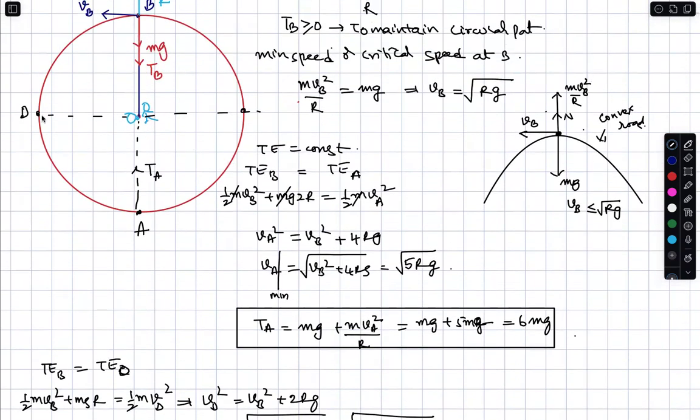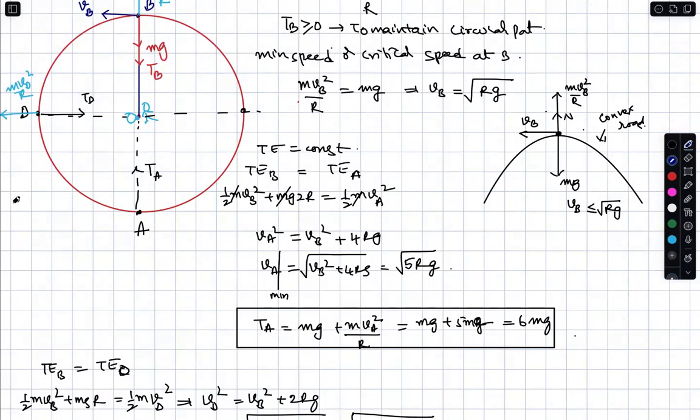Can I say the tension at D is 0 in this process? Yes or no? No. So what is the tension at D? Remember, it still has some pseudo force, mvd square by r.